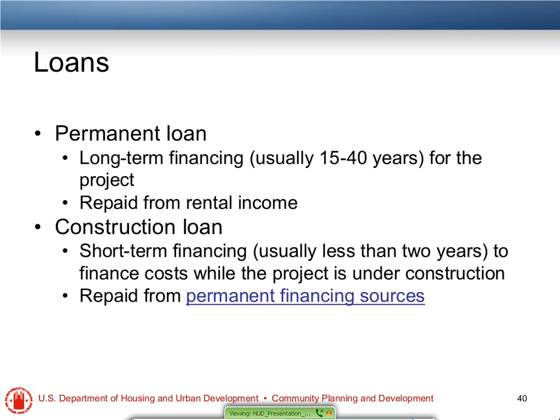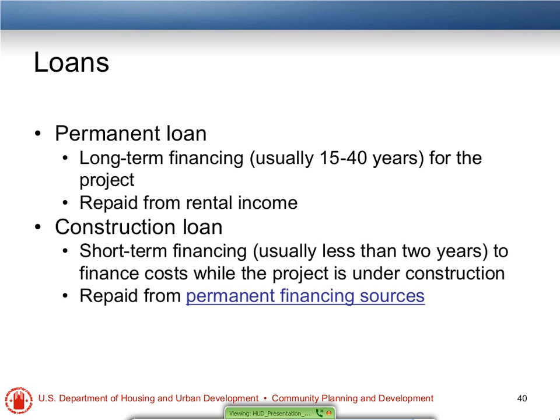Let's look at the loans that are required to finance rental housing. Again, we have permanent loans, and these are our long-term loans, usually 15, could be up to 40 years, to finance the project. This is the loan that is repaid from rental income derived from the project each year as time goes by. There's also a construction loan, the short-term loan, usually less than 2 years, which finances the project while it's under construction during the development phase and until you get to a takeout by the permanent lender.